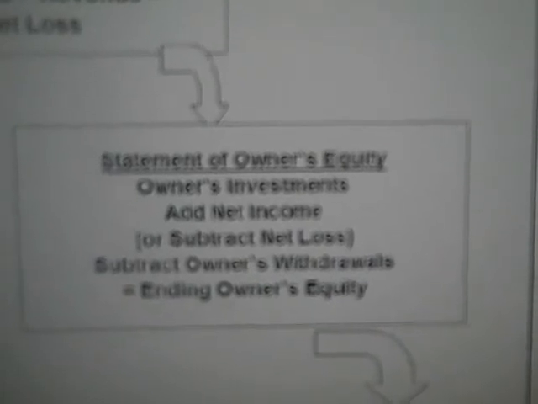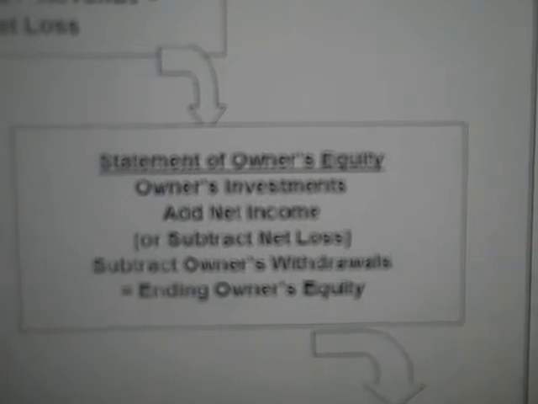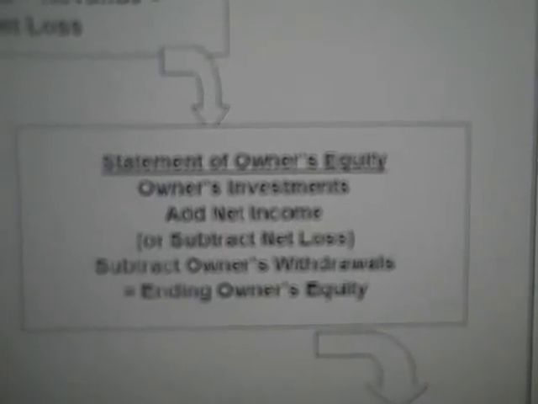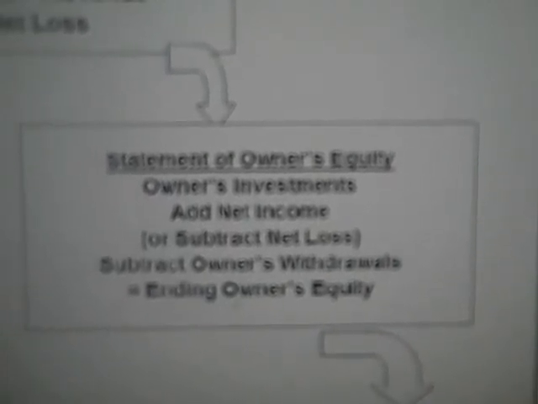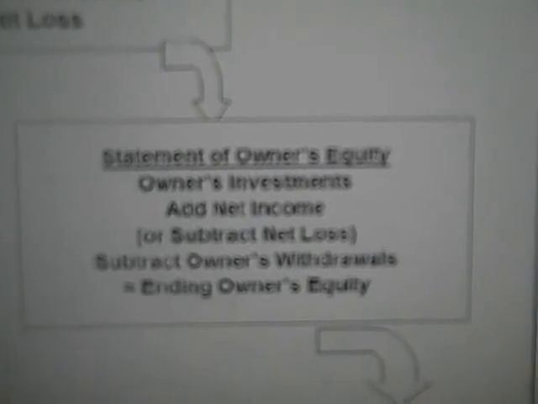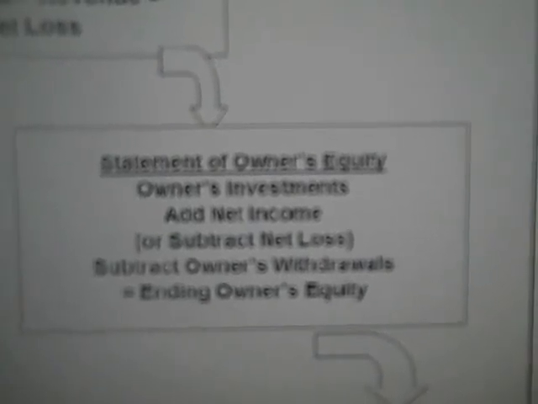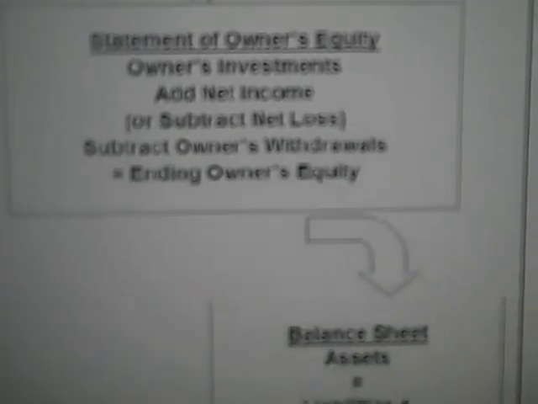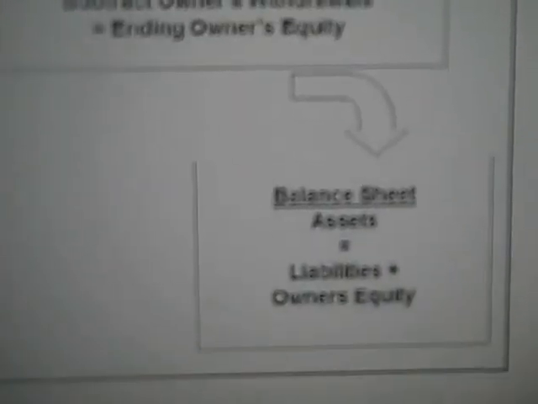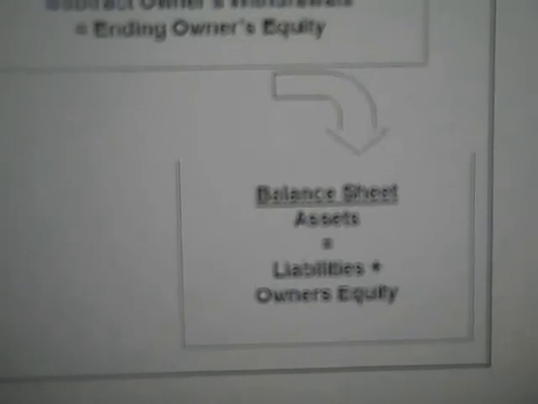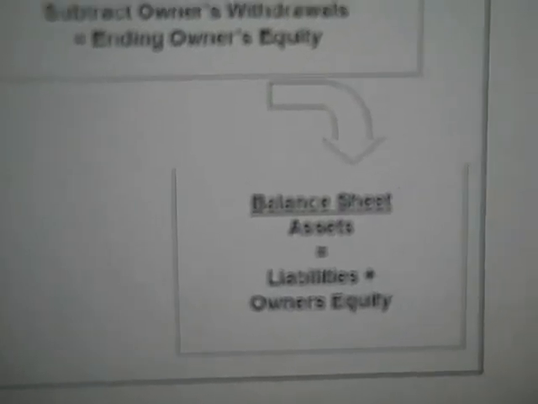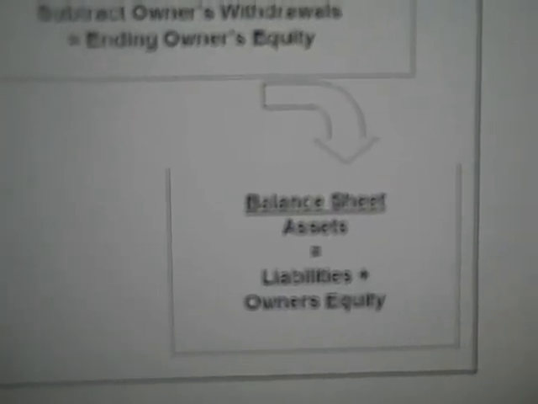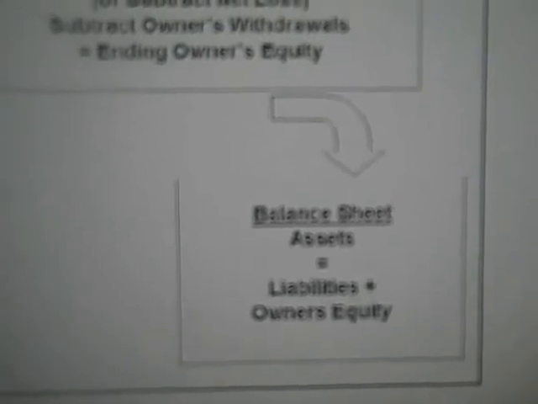And that's going to be how you determine your statement of owner's equity. So you have your beginning owner's investment or beginning capital account, add in net income or deduct net loss, subtract out from that any owner's withdrawals that occur during the period, and that gives you the ending owner's equity amount. You then move that ending owner's equity account down to your balance sheet. And on your balance sheet, you show your assets equaling your liabilities plus your owner's equity.